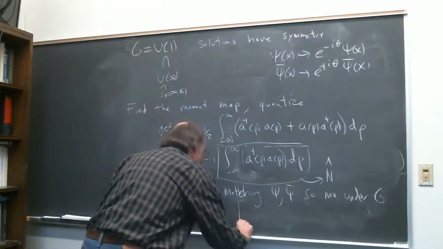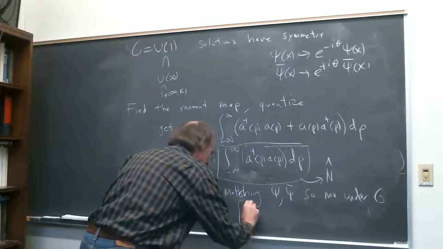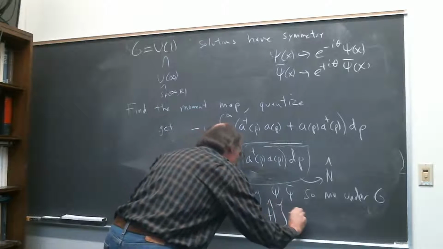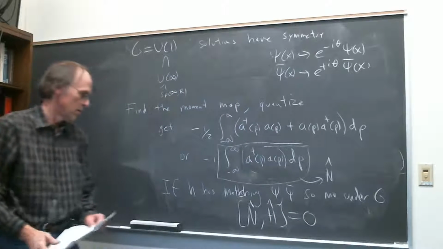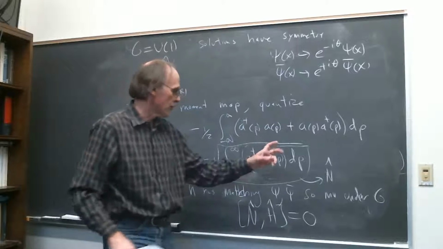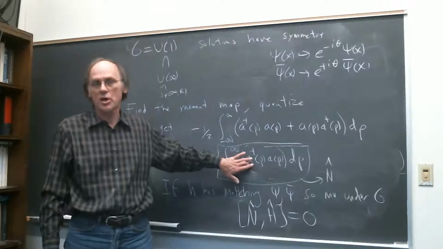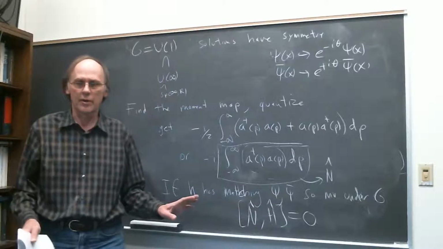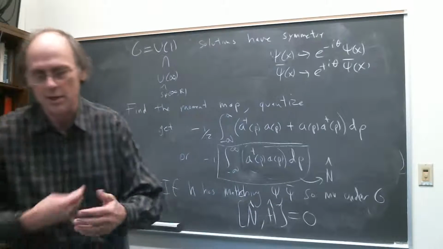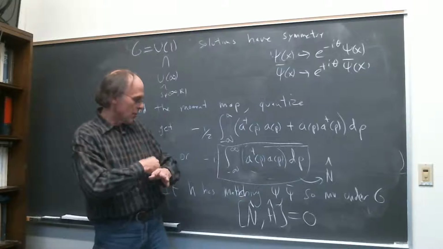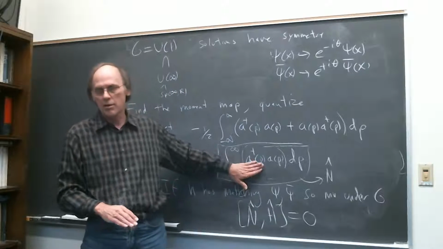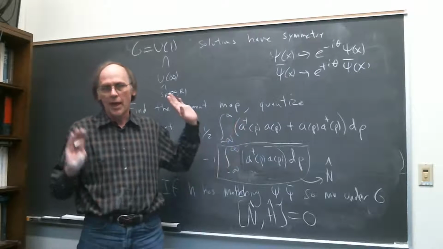Then you have n hat. So this kind of structure is totally independent of the Hamiltonian, which is the thing that's going to tell you how you evolve in time and physically about the energy. This is just going to count quanta.